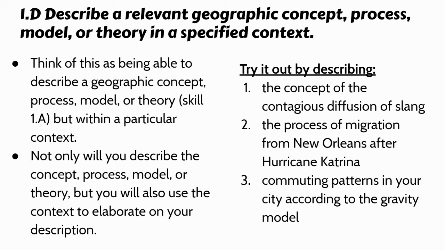Chances are they were moving in one of two places, either where they had family or to a city in order to find a job. So all of that would be a describe as it relates to a concept. Real world example: describe commuting patterns in your city according to the gravity model. You kind of get the gist.